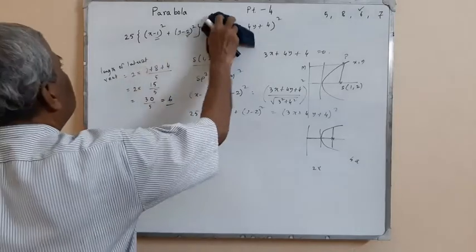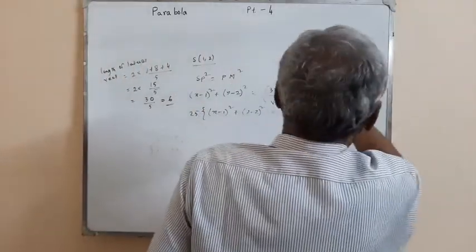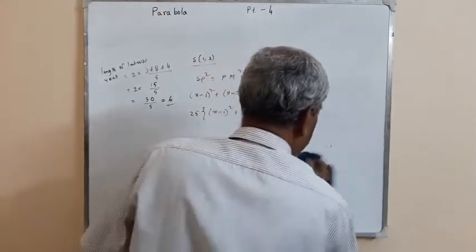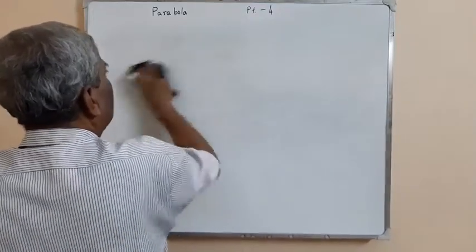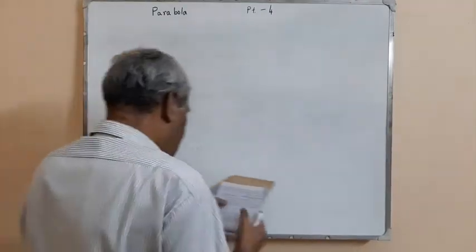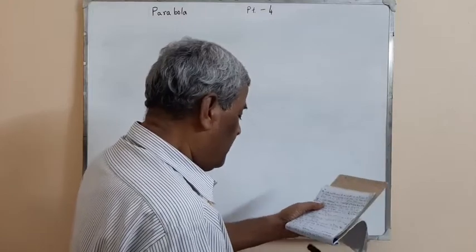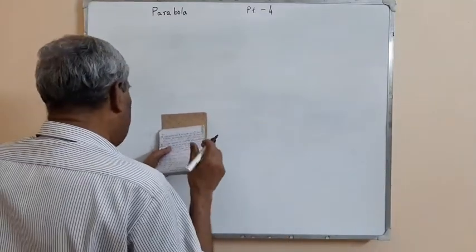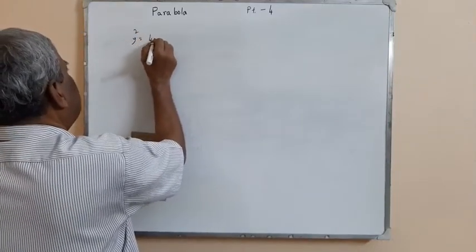Okay, next problem. PQ is a chord parallel to the latus rectum of y square is equal to 4x.